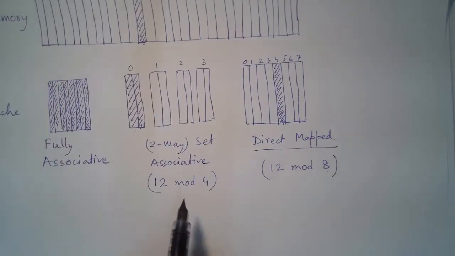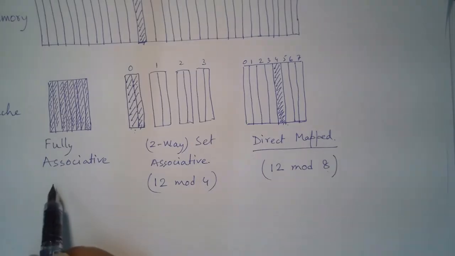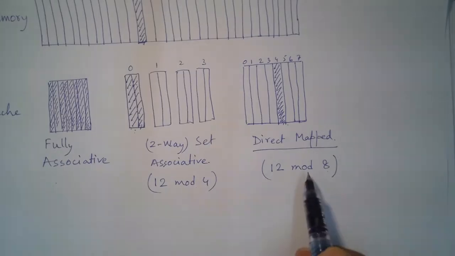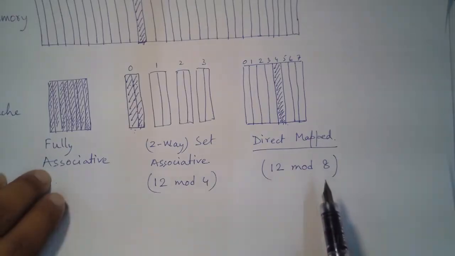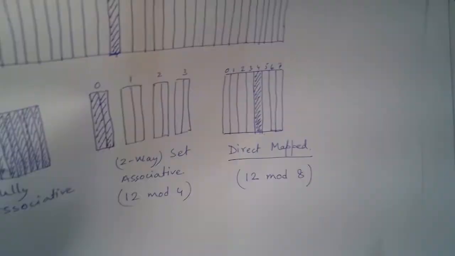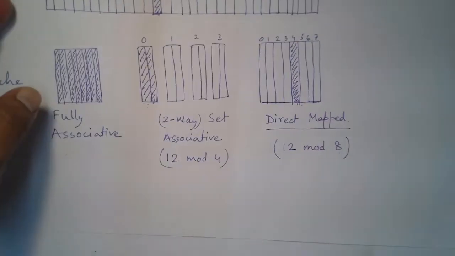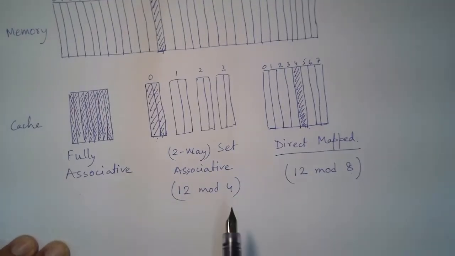So this is very important, and these are the different classifications of cache you will come across, which are based on the block placement policy. So we are looking at block placement, and depending on the block placement policy, what are the different ways we can classify our caches. That is what we have looked at.